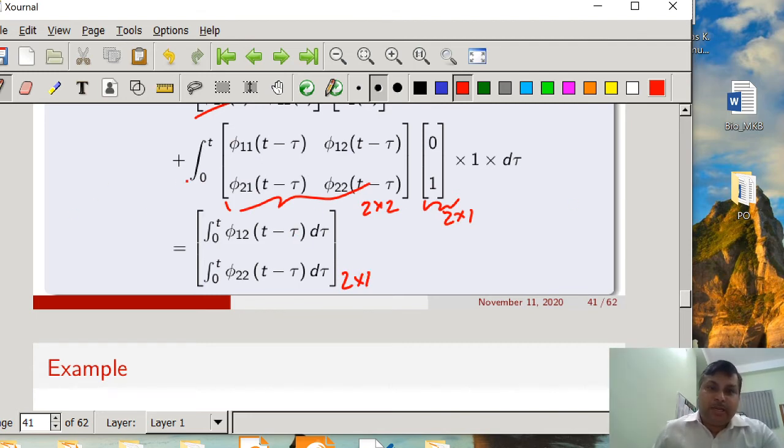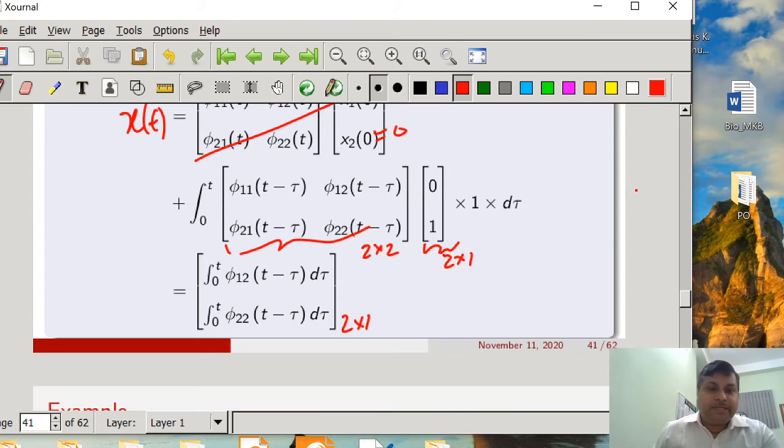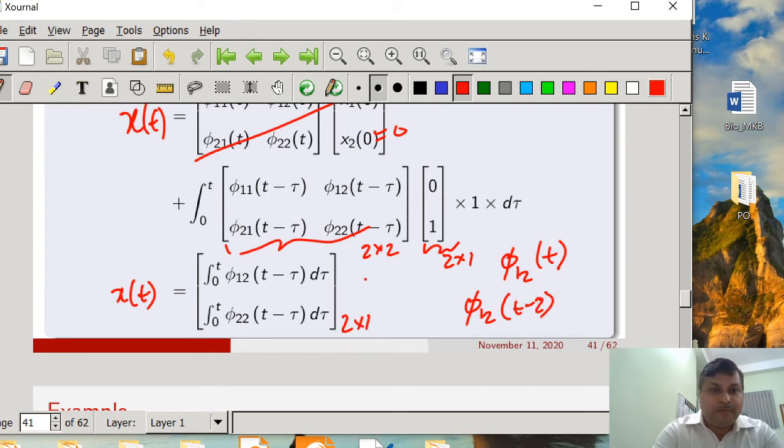Now the only thing is that you have to calculate these two integrals to compute x of t. So how to calculate this? We have the knowledge of phi, so we only have to calculate phi of t minus tau, and perform this integration.